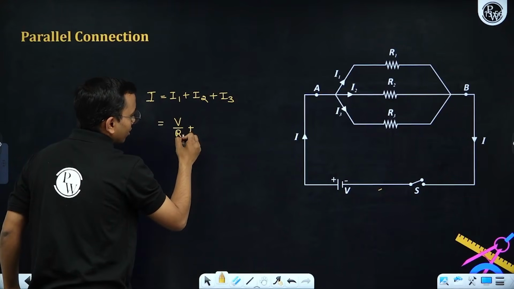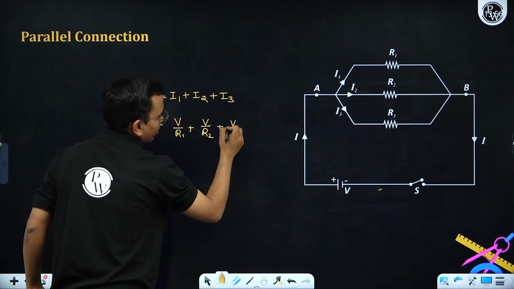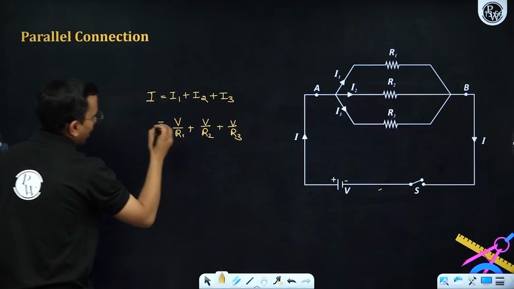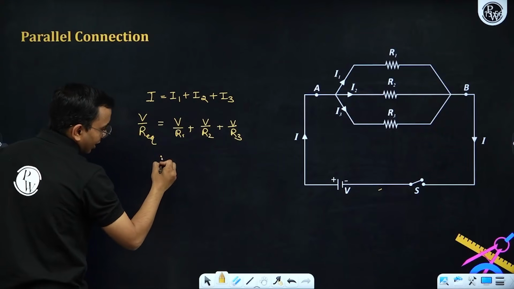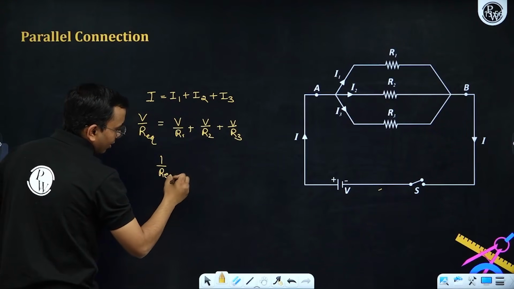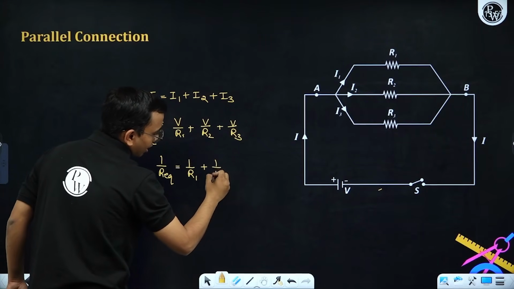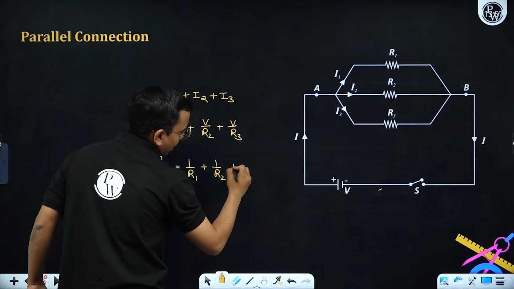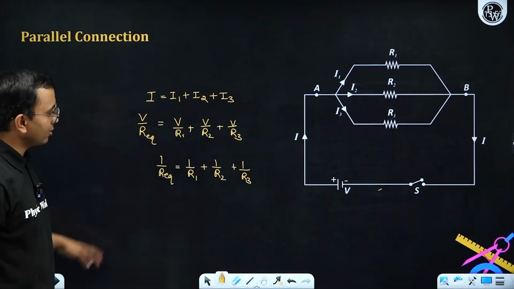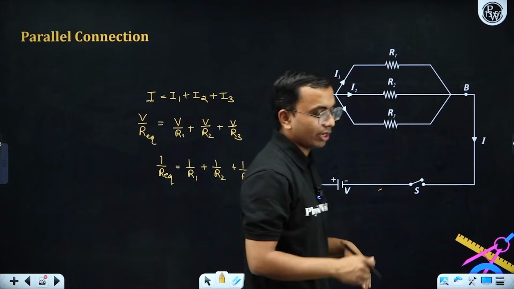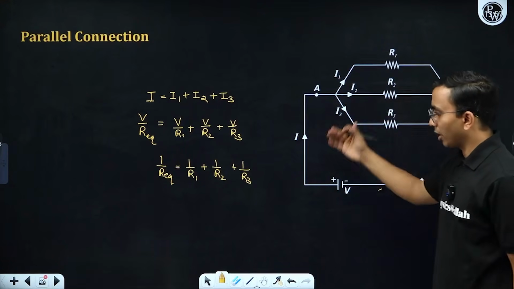I2 is V by R2, I3 is V by R3, I is V by R equivalent. So here I am getting 1 by R equivalent to be 1 by R1 plus 1 by R2 plus 1 by R3. That is the parallel combination equivalent resistance. If there are 4 resistances, you can write plus 1 by R4 plus 1 by R5, like that.